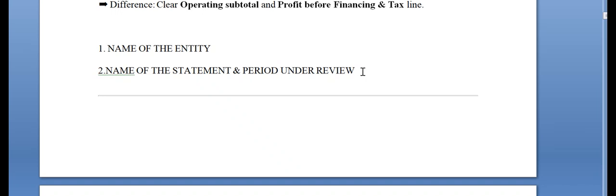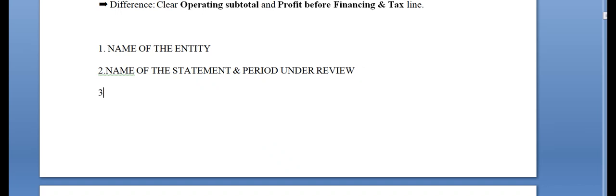For instance, if we are looking at the statement of comprehensive income, you must state it: Jimmy Nigerian PLC, statement of comprehensive income for the year ending 31st December 2021. That is number 2.